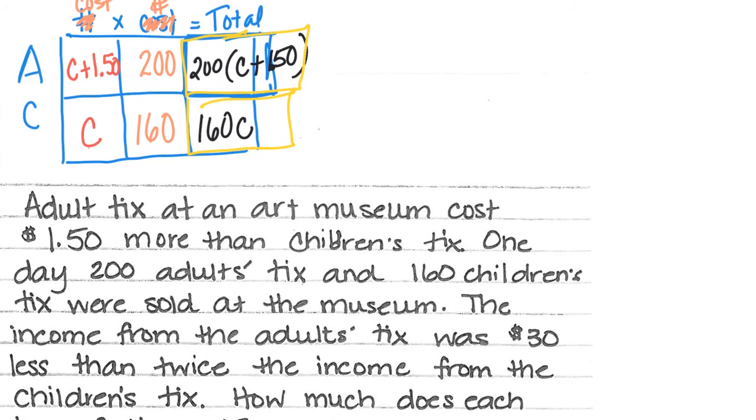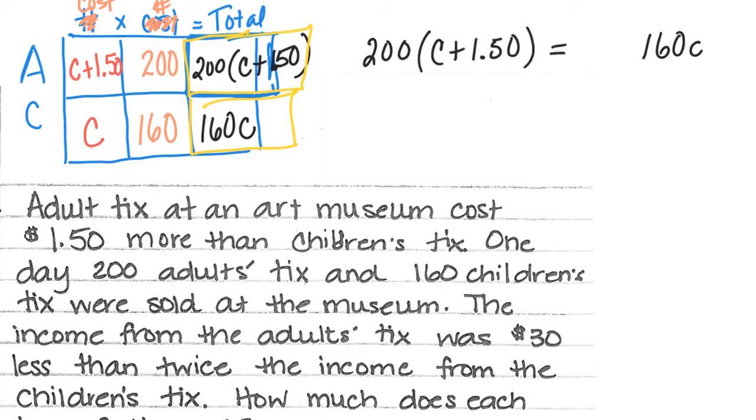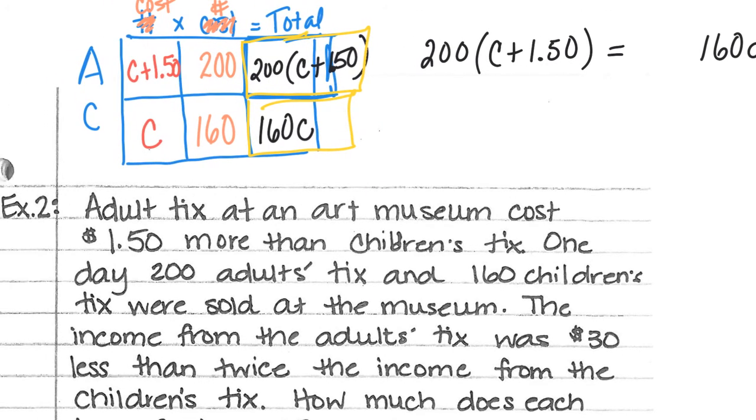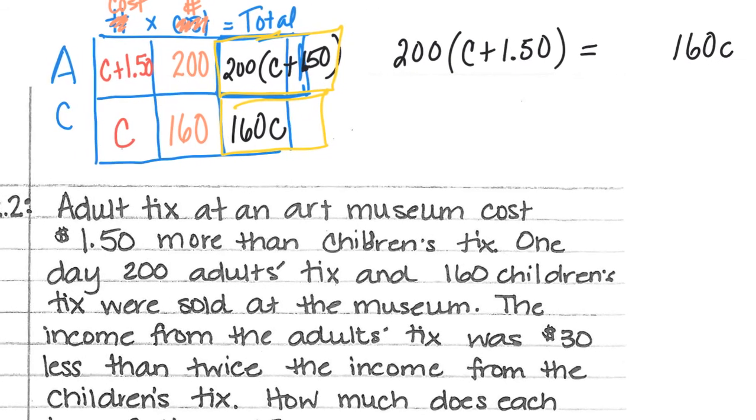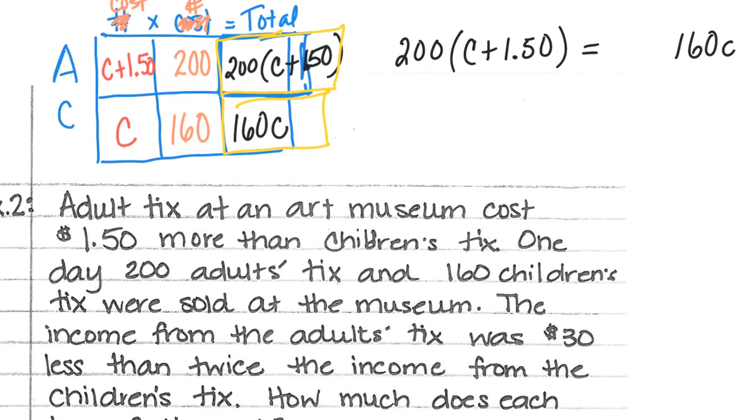So what if I was comparing the adult income, and let's say I say it's equal. Now we know it's not equal because what did they tell us? They say that the adult ticket income was 30 less than. What do I need on the children's side? Okay, the left side is my adult side. What do I need on the children's side?